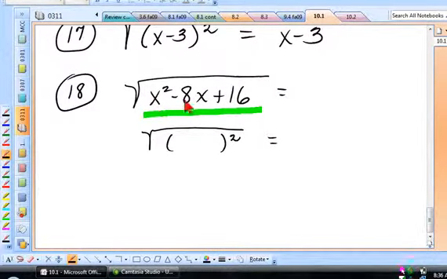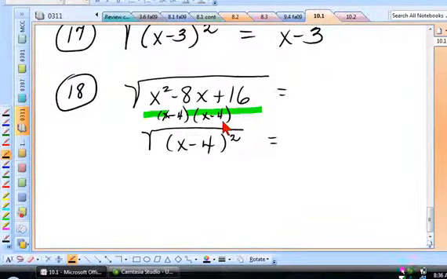Well, what are the factors of x squared minus 8x plus 16? Yes, it is x minus 4 times x minus 4. If you wanted to, you could do that. Whoops, I messed things up. x minus 4, which can be written as x minus 4 quantity squared.